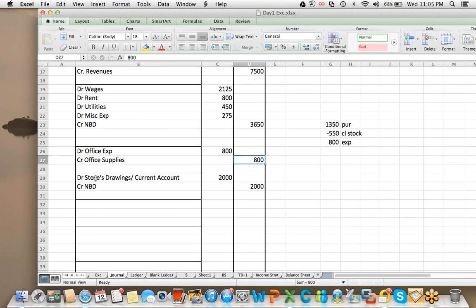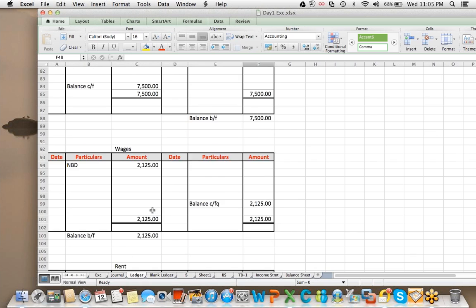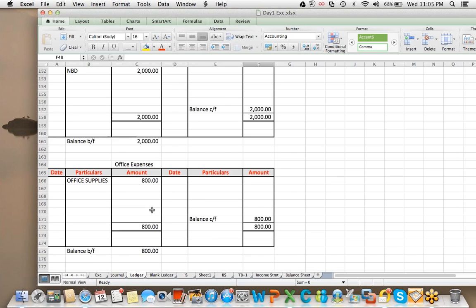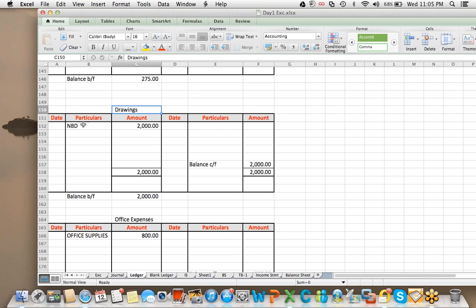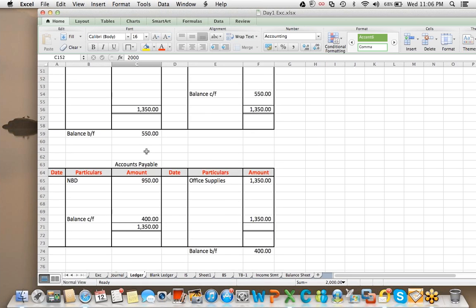Last entry: drawings account debit, NBD account credit. Ledgers will be drawings account debit, NBD here. And the next entry would be credit NBD.